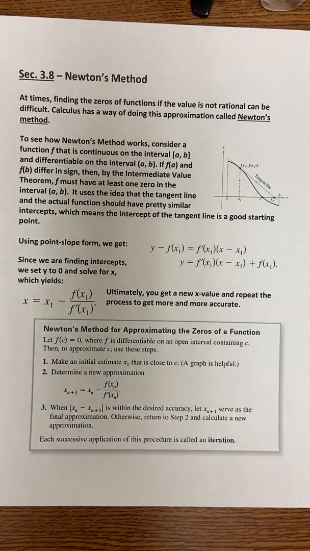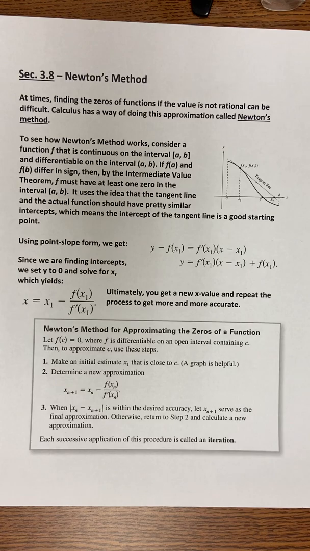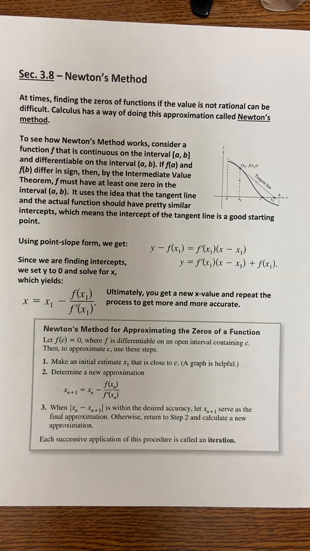Finding zeros of functions, especially roots that are irrational values, can be tedious, and aside from, say, the quadratic formula, it's hard to approximate them. But calculus has a way of doing this, regardless of the powers, called Newton's method.